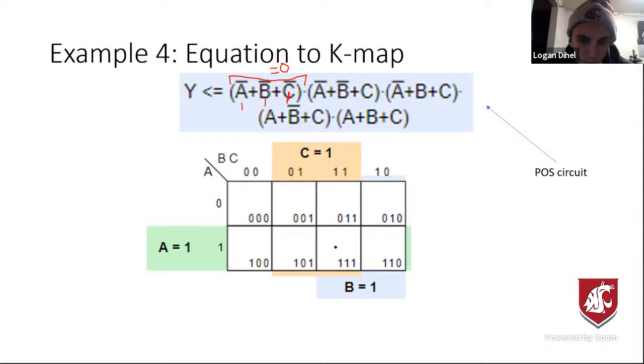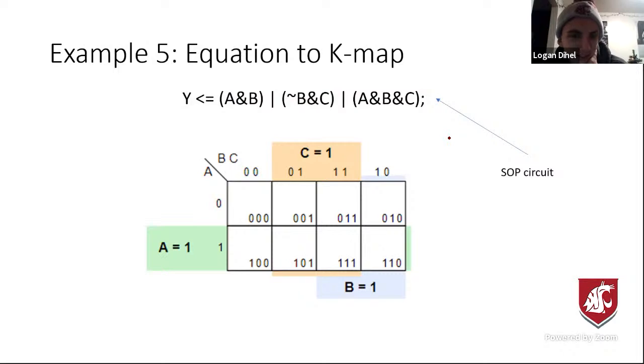We look for 1, 1, 1, and that's a 0. Then this one would be 1, 1, 0, which is here. This one would be 1, 0, 0. And then this would be 0, 1, 0. And this last one would be 0, 0, 0. And then 1's in every other spot. So you see it's the exact same equation that we had last time.